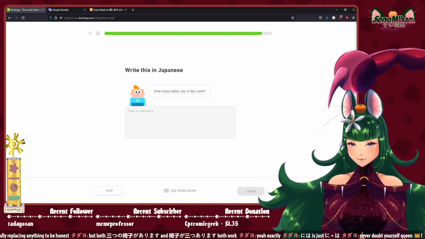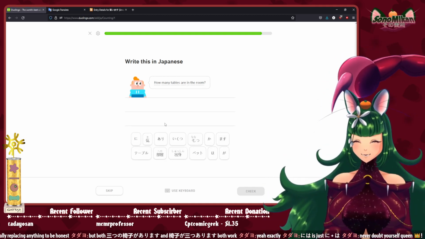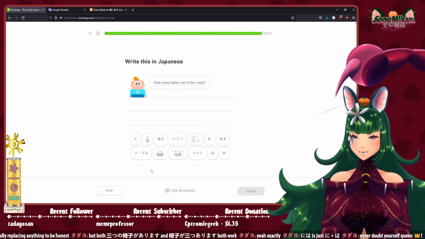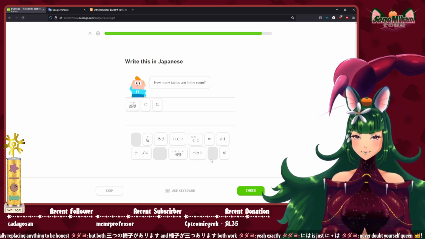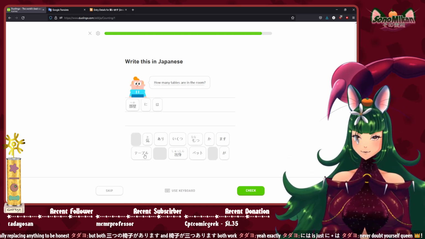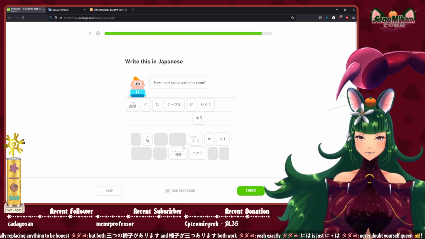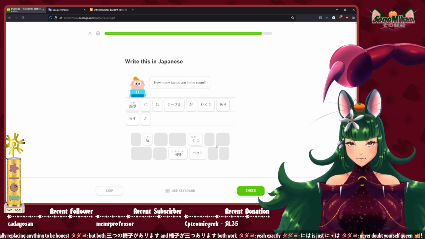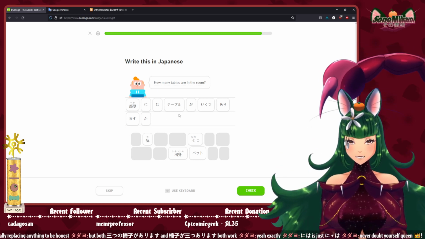Okay. I need to use the thing because I don't have it set up where I can just be typing in Japanese. So, 部屋にはテーブルがいくつありますか? So it's how many exist in the room, and we're talking about tables.